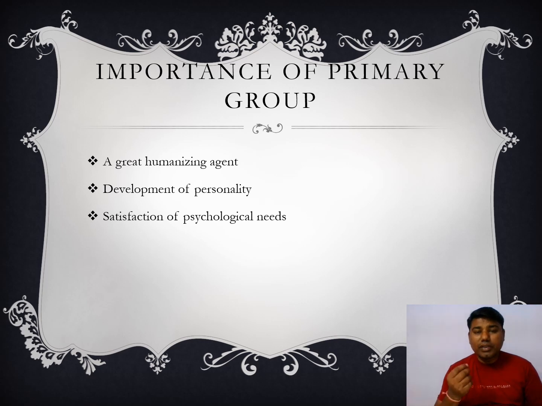For example, when you play with your friends, when you attend classes with your friends, or when you are inside your own community with your neighborhood, you feel very much secure. You feel very much satisfied, and the things which you cannot share with other members, you can share your own problems as well as happiness with the members of the primary group.